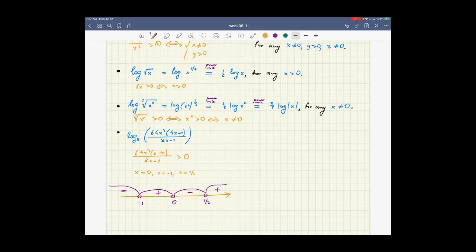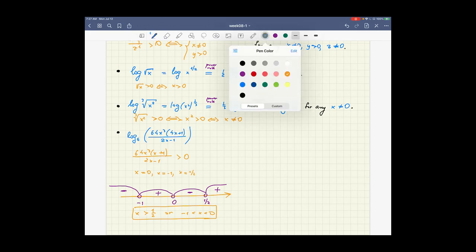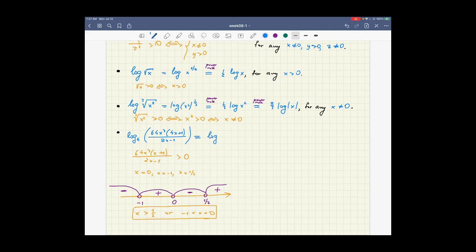So x is either greater than 1/2 or in between -1 and 0. In particular, x is allowed to be negative. So with these restrictions in mind, we can start algebraic manipulations. So we first apply the quotient rule. It will be log base 6 of 64x cubed times 4x plus 1.